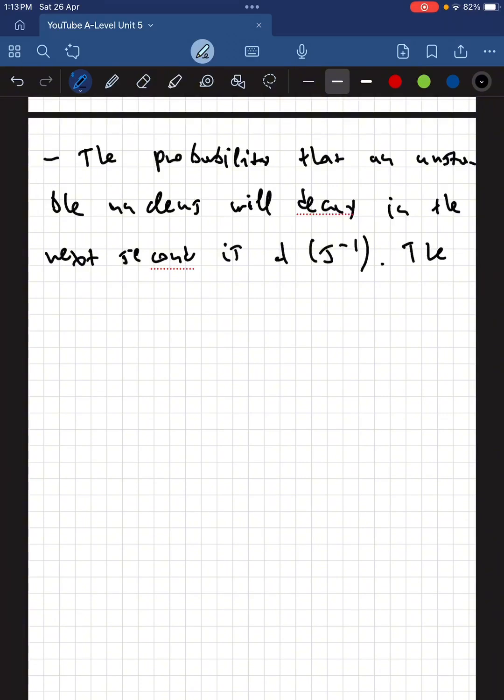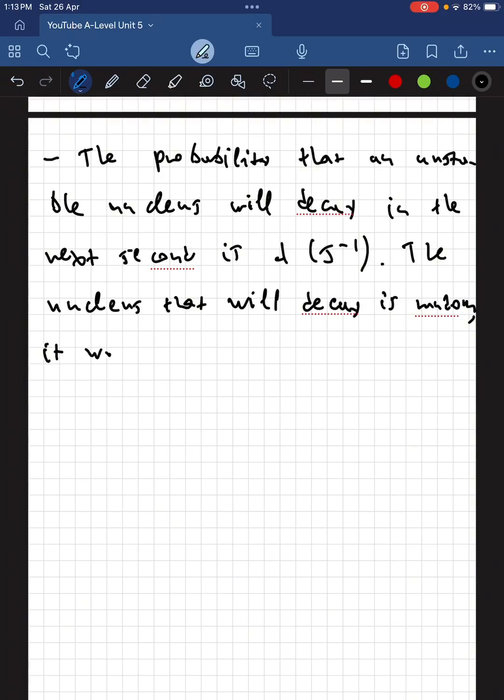Okay, the nucleus that will decay is random. So if you start with 100 radioactive nuclei, which nucleus is going to decay first is random. Okay, it decays spontaneously. So the nucleus that will decay is random.